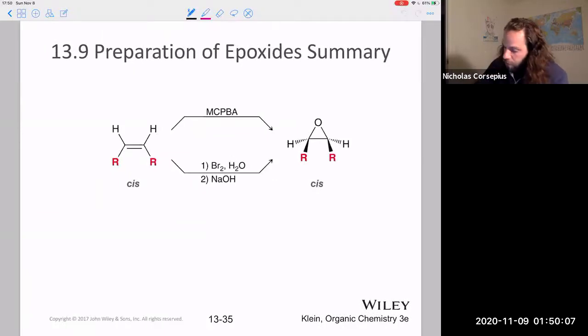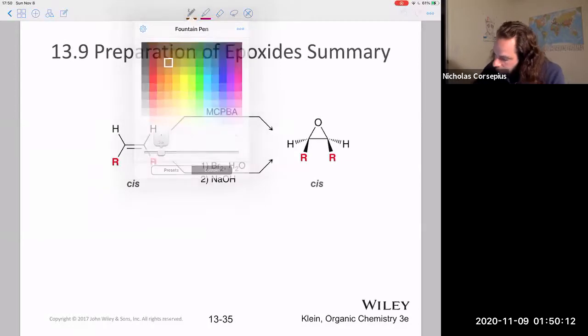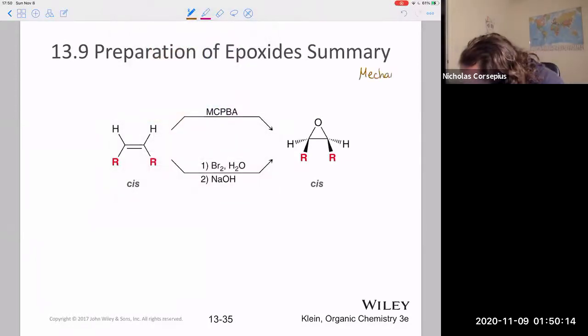All right, so again, let's summarize here in terms of mechanism. You do not have to know it for the peroxy acid. It forms those weird cyclic things. It's actually in the lecture slides from chapter 8, but I don't want you guys to spend any time memorizing that.